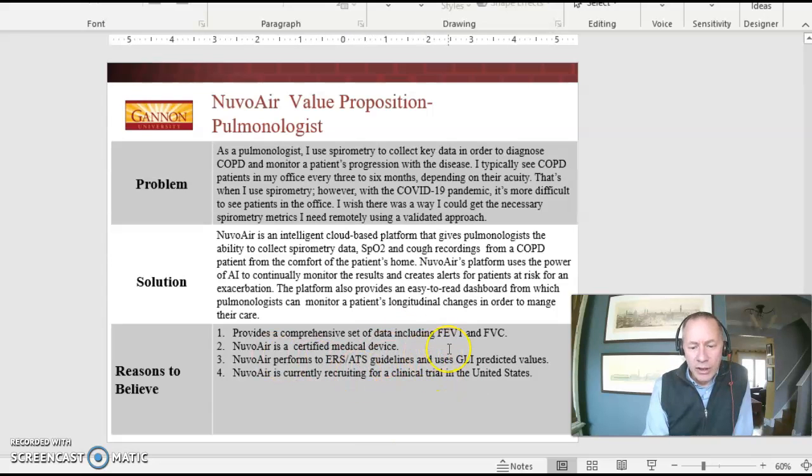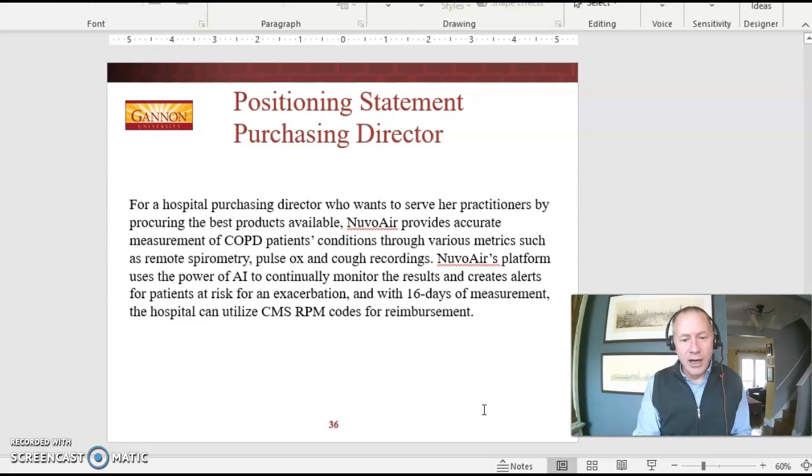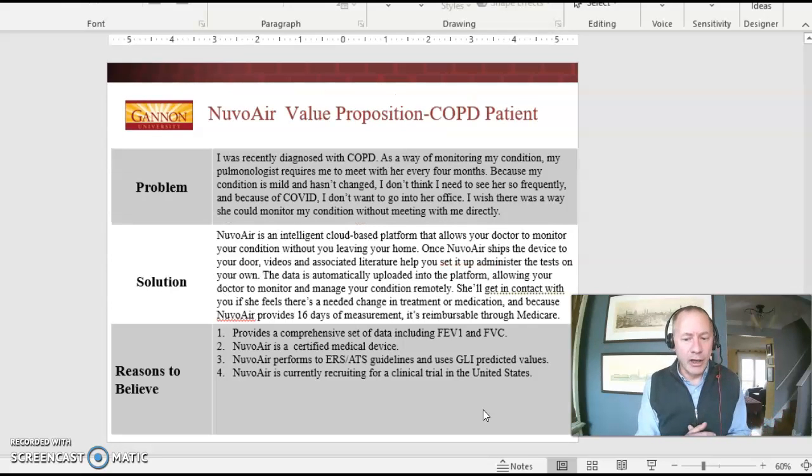Some of it is about what data is collected, and some of it pertains to ERS, which is European Respiratory Society, or ATS, American Thoracic Society guidelines, and uses GLI predicted values, which are monitoring and measuring the acuity. Now, that is one particular value proposition, and this is juxtaposed against the COPD patient.